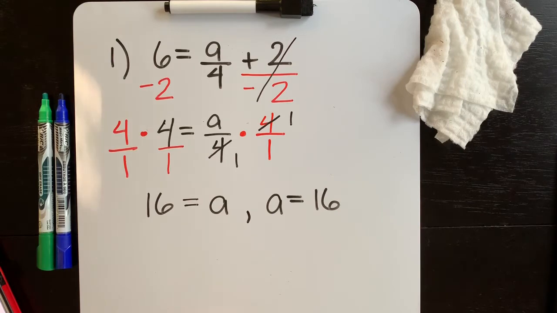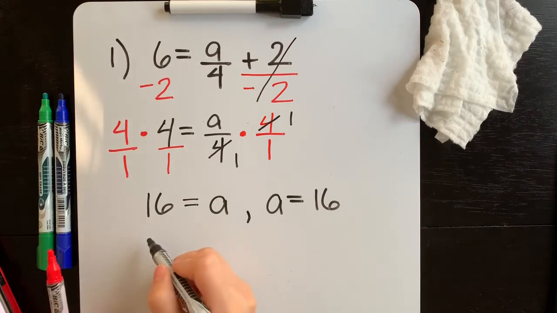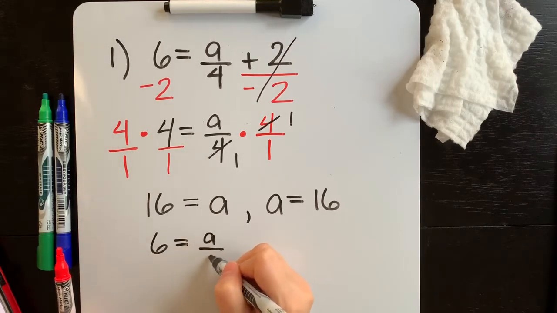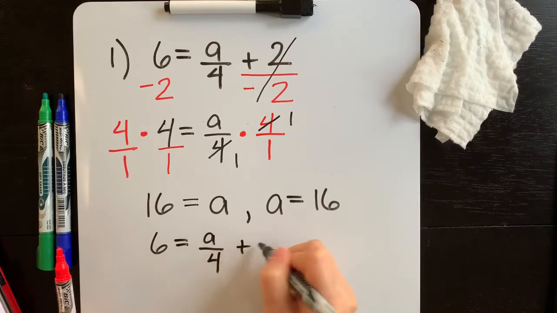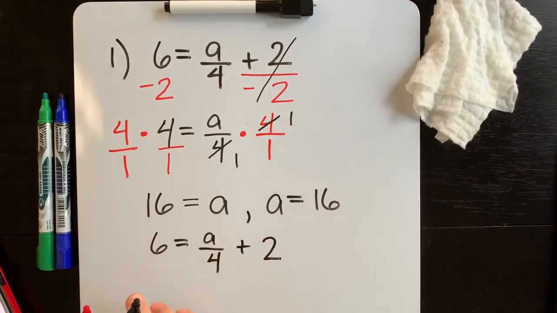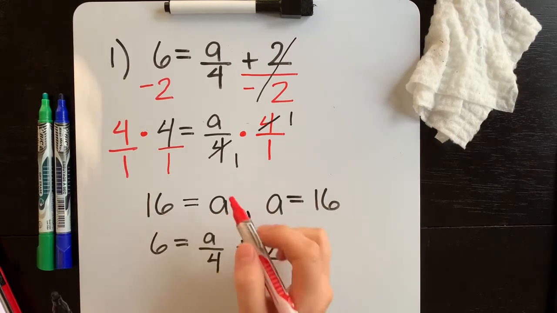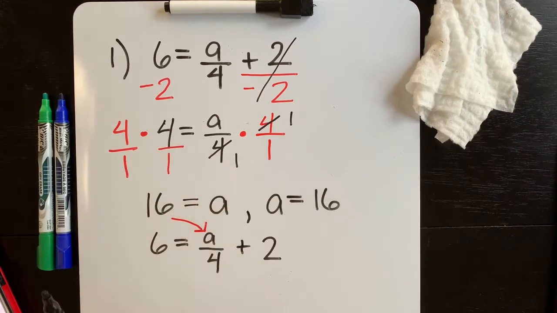If you want to double check your work, which I always recommend, we start with the original problem. 6 equals a/4 plus 2. And so we want to substitute this value. So we said 16 equals a, so I'm going to plug in 16 right there.